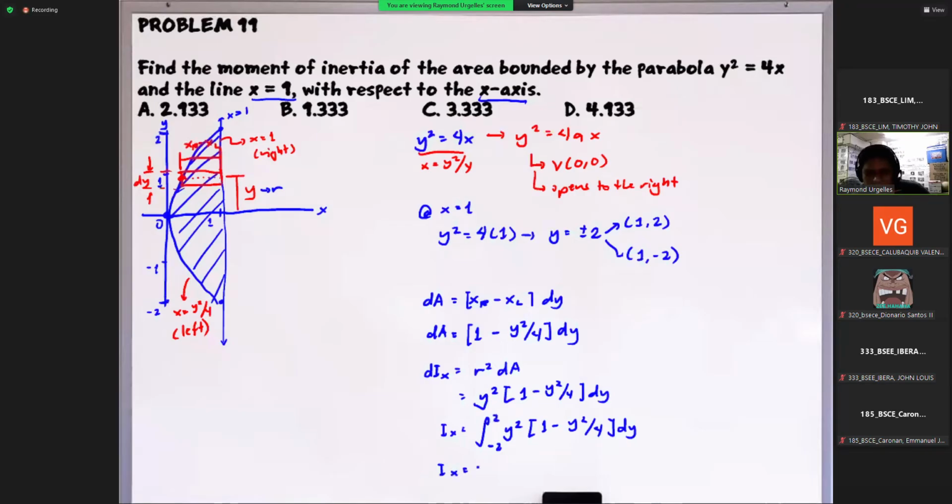So we have the integral of y squared times 1 minus y squared over 4, from negative 2 to positive 2. No? Okay. So you will get 2.133. Diba? So ganyan lang yung moment of inertia. No? Okay? Nakuha ba? So any questions? Okay, so para dito. Okay?